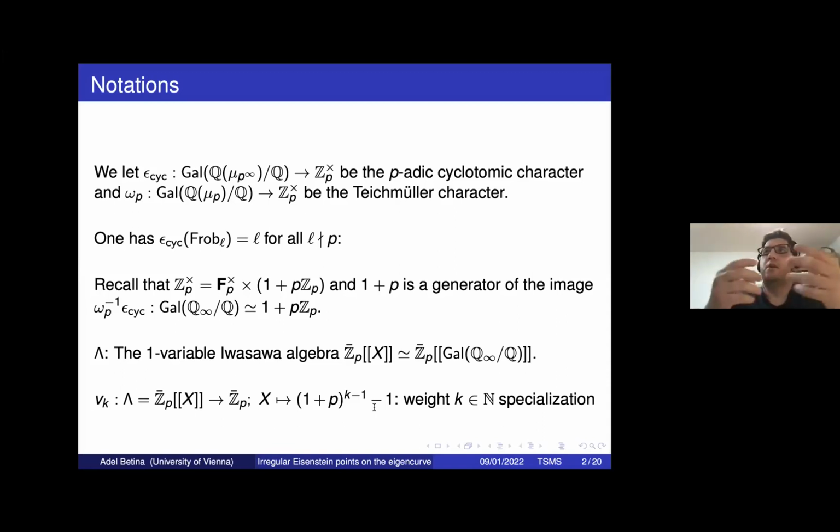For me, two numbers are close p-adically if the difference is divisible by a high power of p. So for example, the weights k and k plus p are neighbors because the difference is already divisible by p. And if you take k and k plus p power 1 million, they are really close for the p-adic topology.